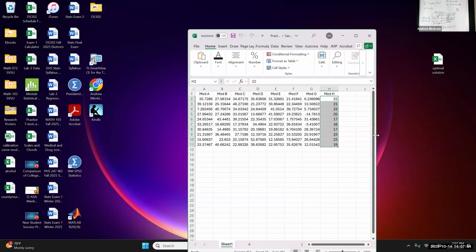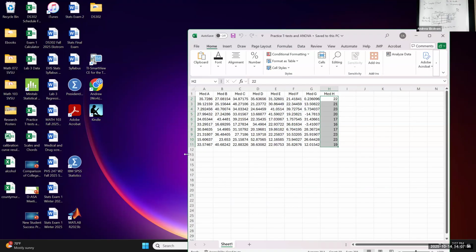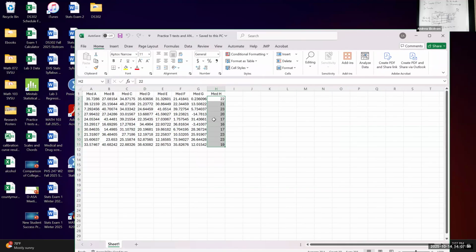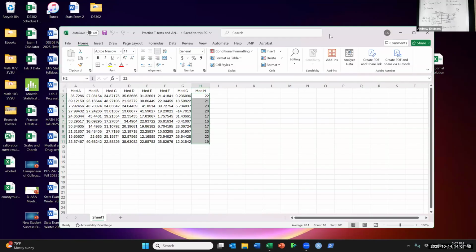I'm using Excel with this just so that I can actually zoom in and we can see what's going on here. I said previously that Excel does ANOVA, but it kind of skips some of the stuff we talked about last time. We'll go over that again this time, so don't worry about it too much.